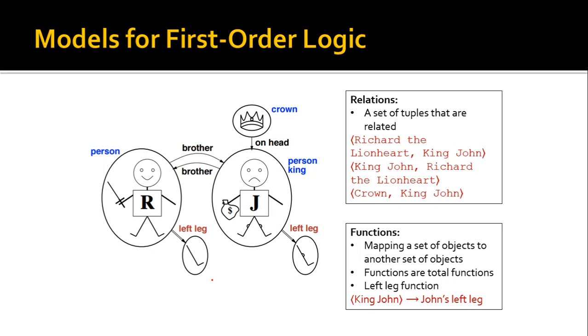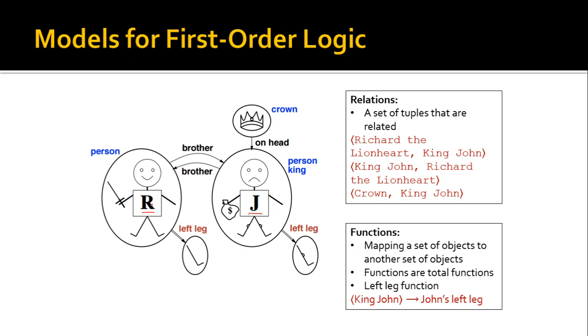So coming to the mathematical model of first order logic. Here I am just presenting a scenario, then I will go to the mathematical model. So you have got Richard and John, right? Richard the Lionheart and King John.